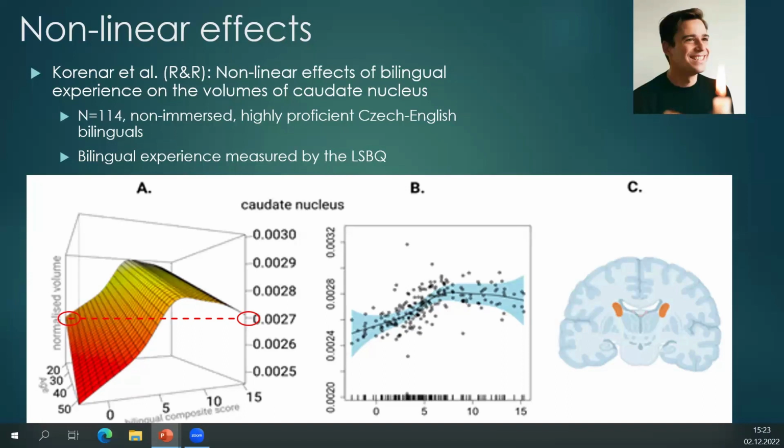Were you more active 20 years ago than what you are now? So we don't have a very good way of studying this. So I suspect what Jubin talked about yesterday was these training studies. So dancing and painting and bilingualism as well.